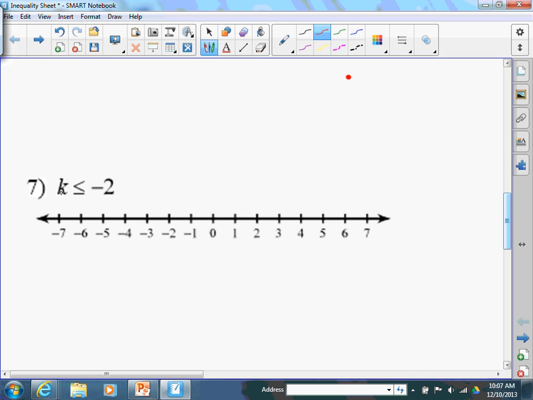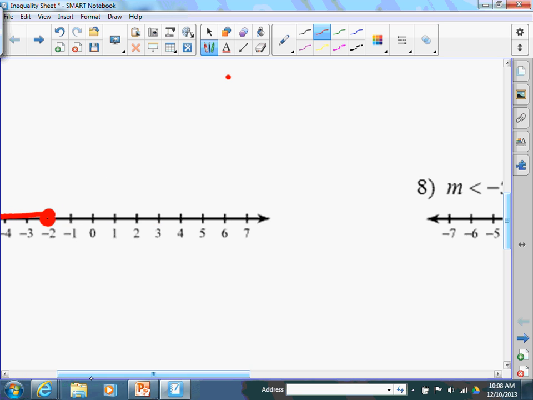Is my variable on the left-hand side? Is there a negative number in front of the variable or below the variable? No. There's not one in front of this variable. Okay? Now, open circle or closed circle? And what number? Shade right or shade left? Okay, good deal.